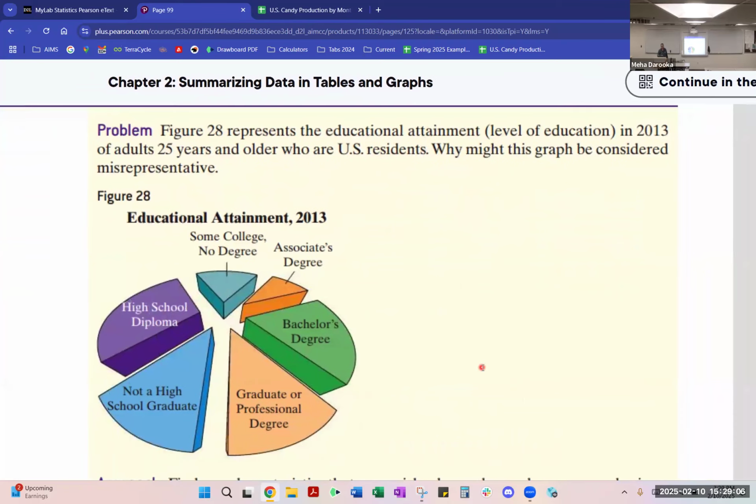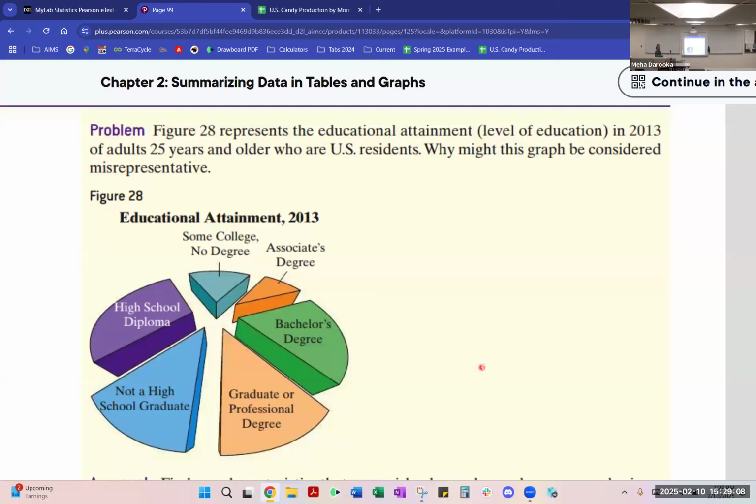All right, guys, this data represents the educational attainment, or the level of education, in 2013 of adults 25 and older who are US residents. Here you can see we've got a small chunk, which is some college, no degree. So they didn't graduate, but they did attend college. There's an even smaller slice of associate's degree.